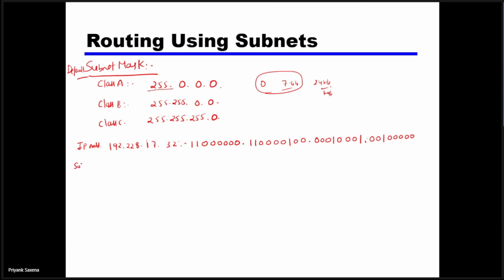I have taken a subnet mask. See, this is the default subnet mask, but I can take any subnet mask, for example 255.255.255.224.